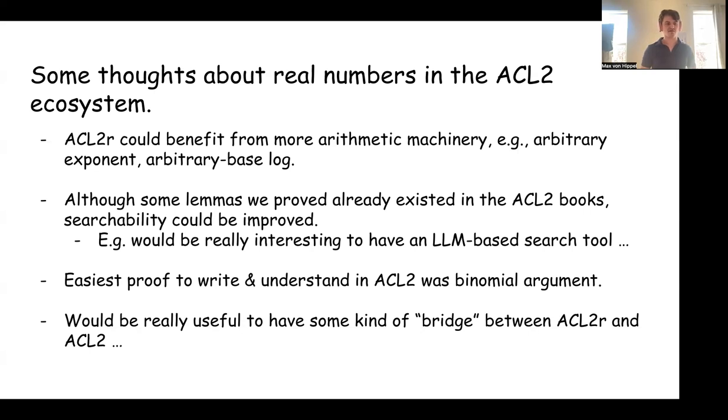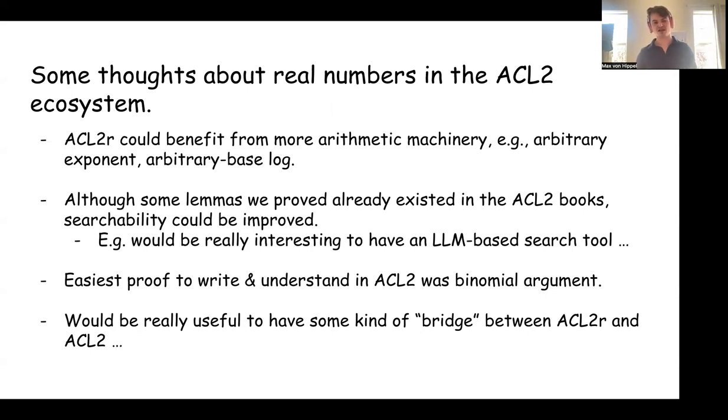The hang up, I think, is that in ACL2 proper, real is a shorthand for rational, which can cause some funky things. For example, in ACL2, you can prove that there's no, in air quotes, real number equal to the square root of 2. Of course, there is one, and you can find it in ACL2R.